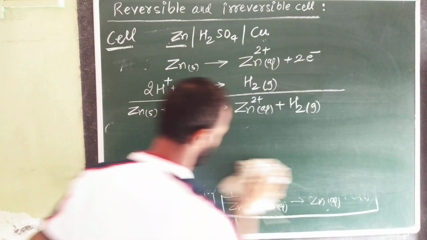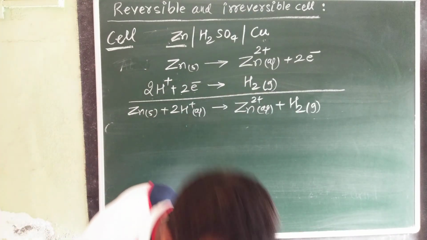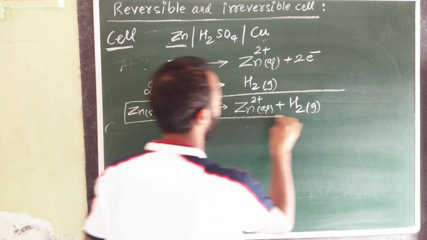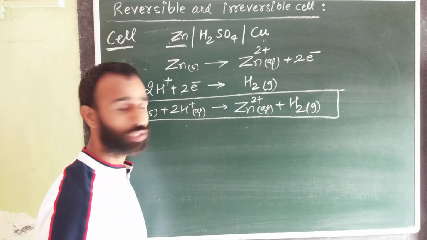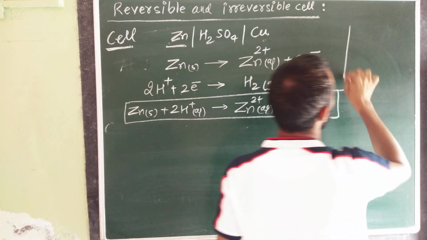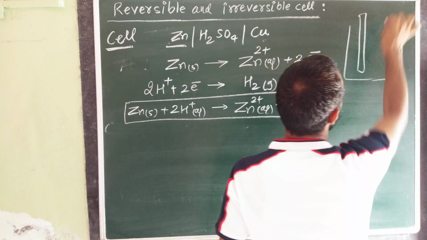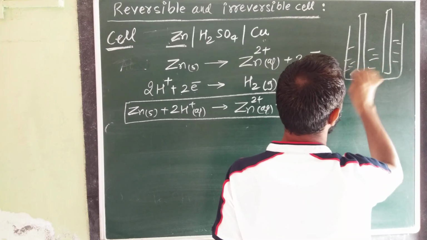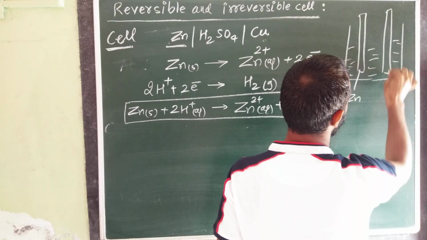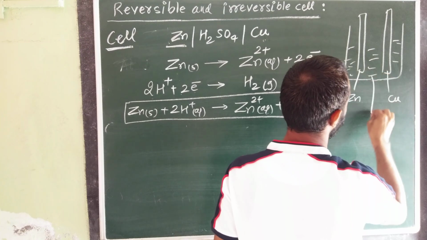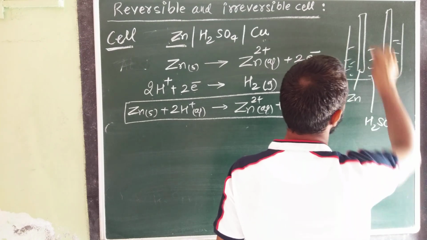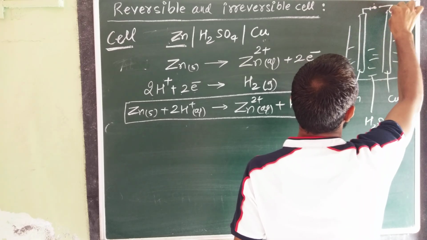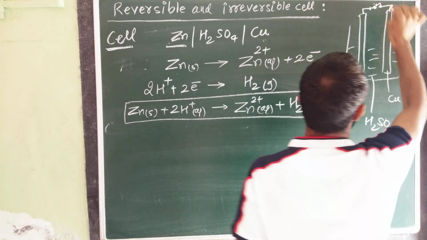On the zinc electrode. Now this reaction takes place because, when we have this zinc electrode, this copper electrode, and H2SO4, this is a simple cell.